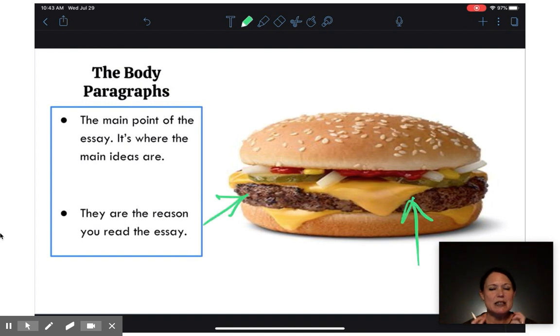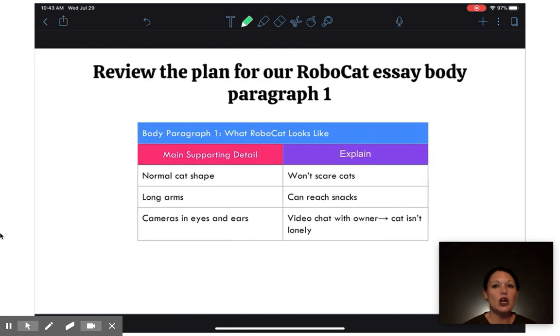They're the most important part. It's where we answer those essay questions. So we're going to start there in getting ready to write our essay. And to do that, we're going to look at our plan.